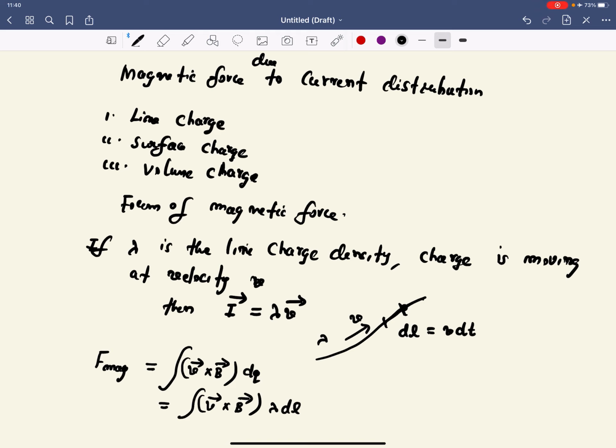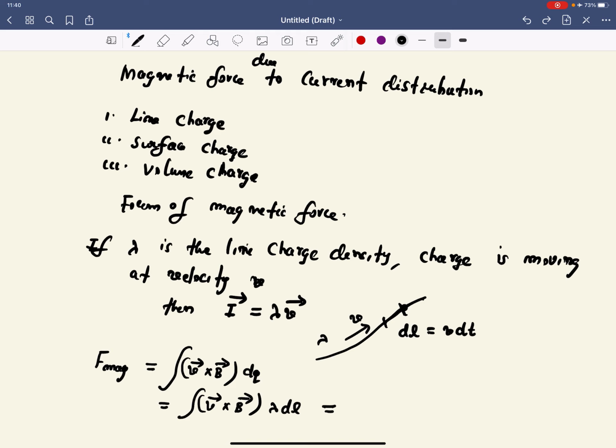This can be rewritten as v and lambda. We have said before that current is related to the velocity vector through lambda.